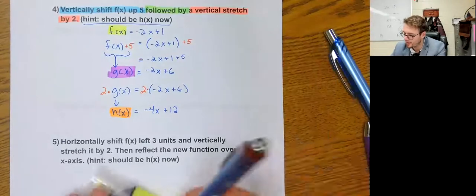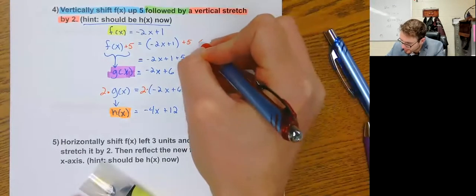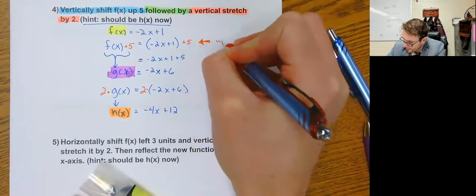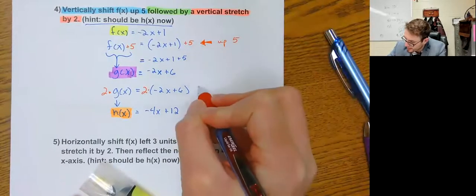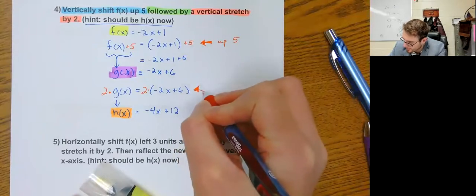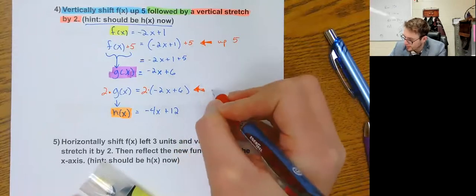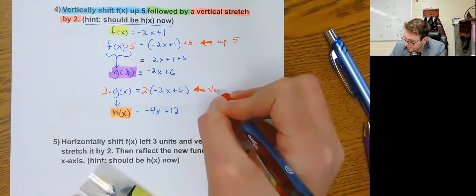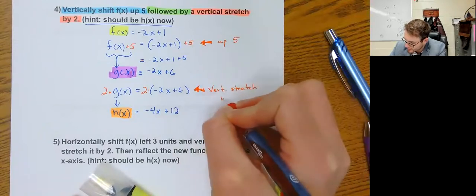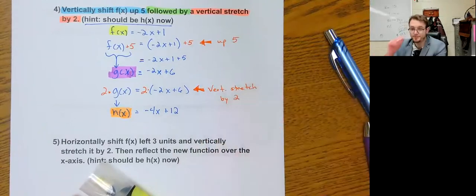And we did that by here, we went up 5, and then here, we did a vertical stretch by 2.